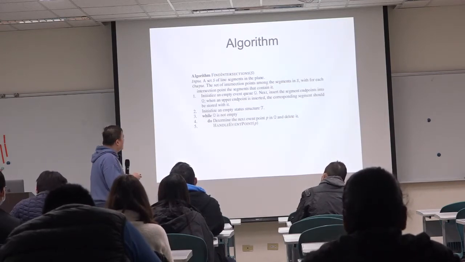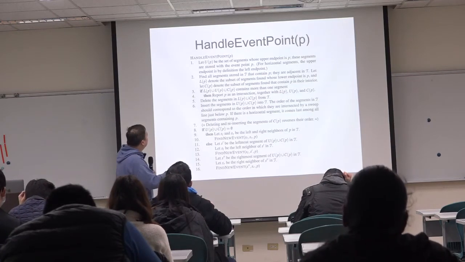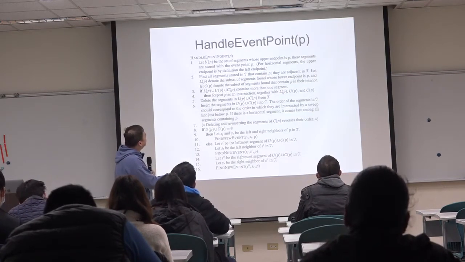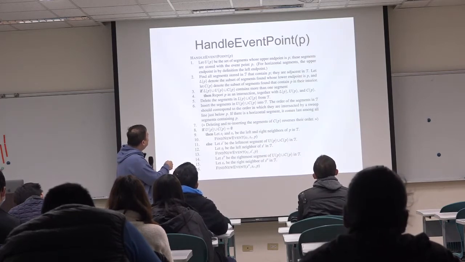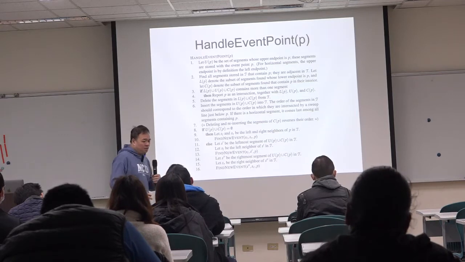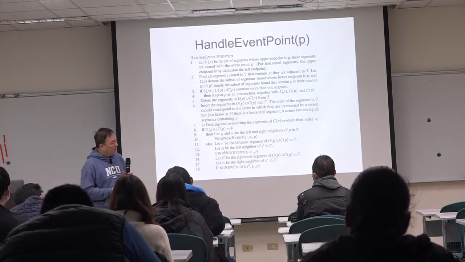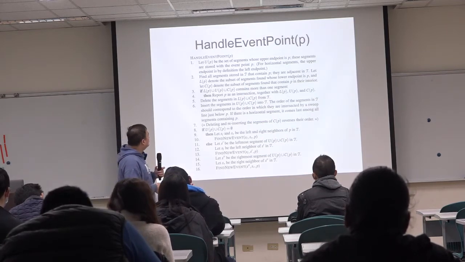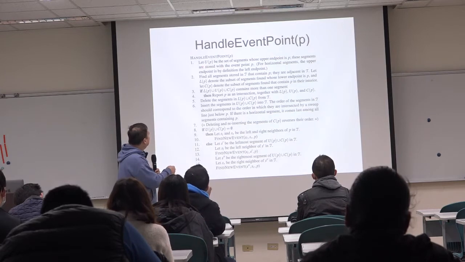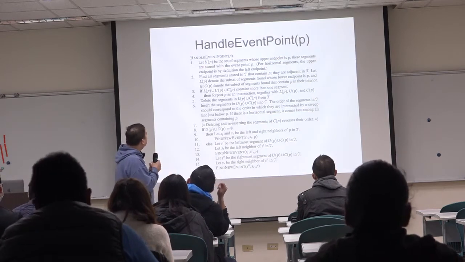So it's easy to find the set UP: if an event point happens to be the upper endpoint of some segments, you can easily obtain those segments from the top of the event queue.